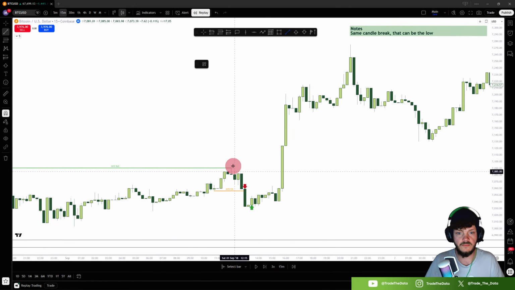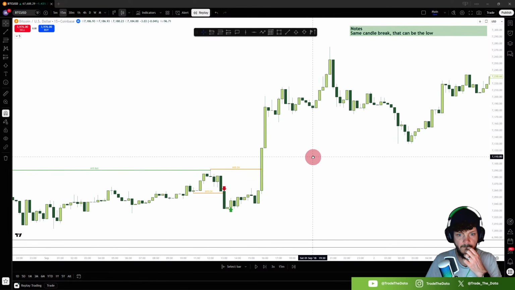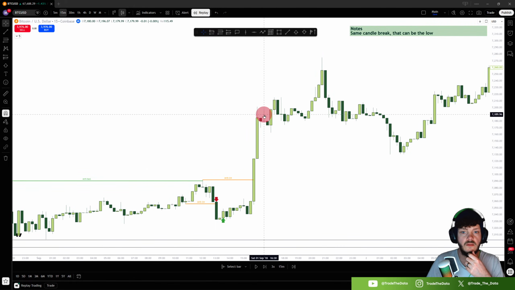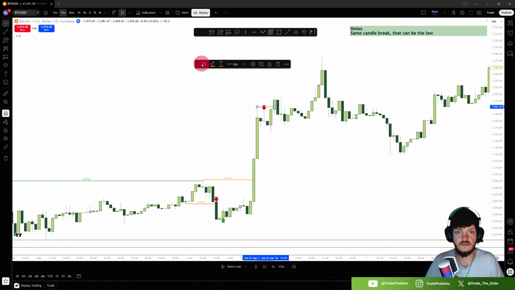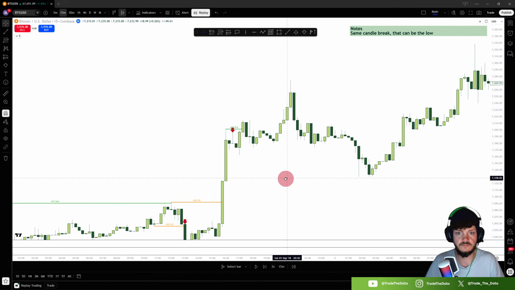Then we flip back to chock. So this opened 7180, closed 71799, which is lower. That would have been our trigger, which means that is a boss.